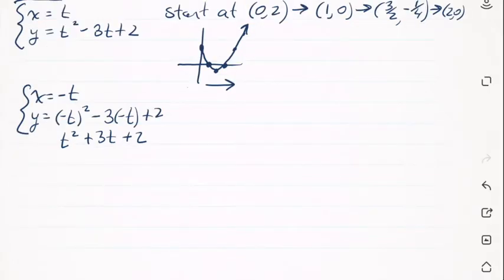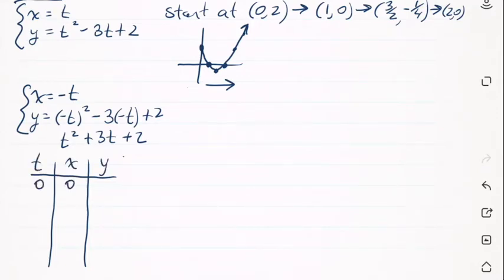So when x is equal to negative t, y is going to equal this thing. So if we let t equals 0, I'm going to have to do a table for this one. Set up our 3 columns. So t, x, y. So if t is equal to 0, x is equal to 0, y is equal to 2. So we're starting at 0, 2 again.